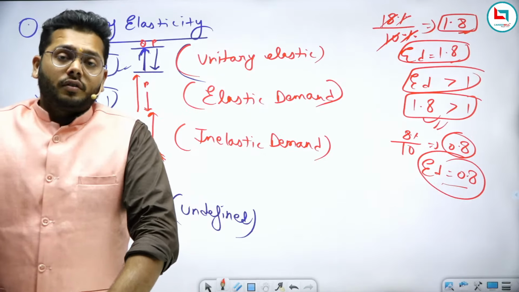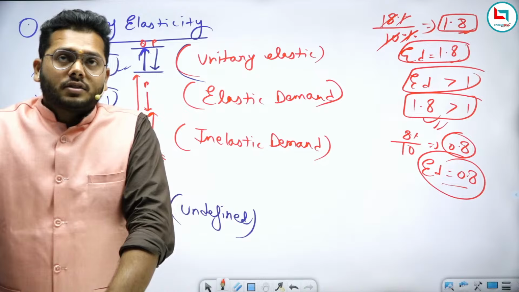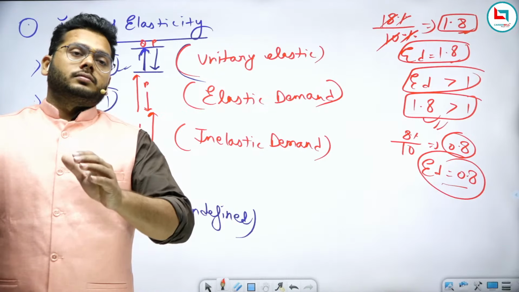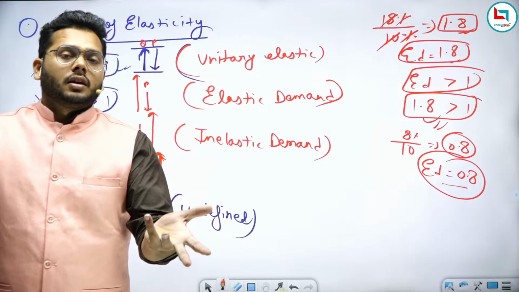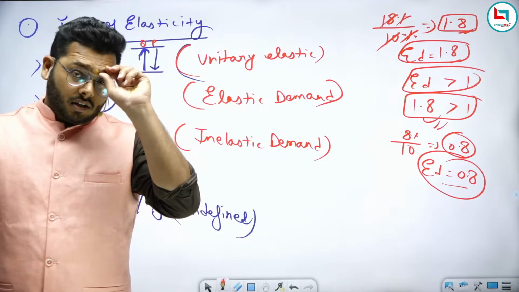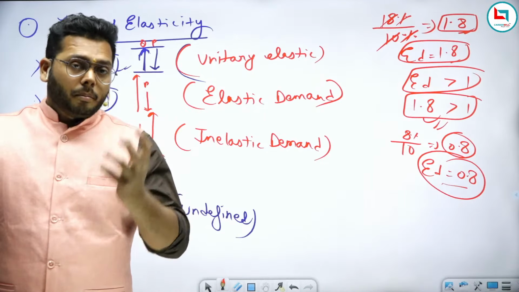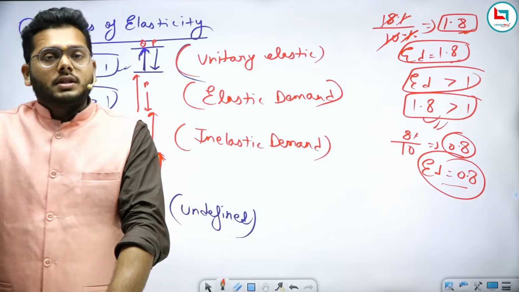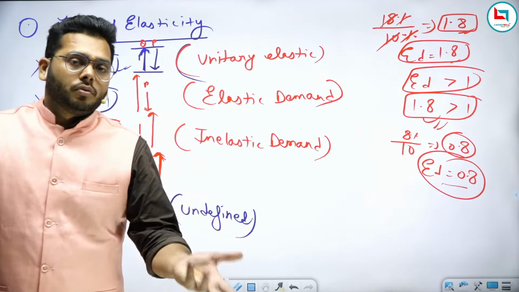If you are habitual for any good, if you ask any alcoholic person, whatever the price of alcohol is, even if it is increased, he will never stop buying alcohol. He will still buy. Why? Because he is habitual for that particular good.